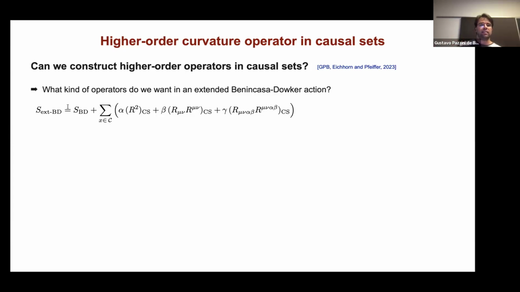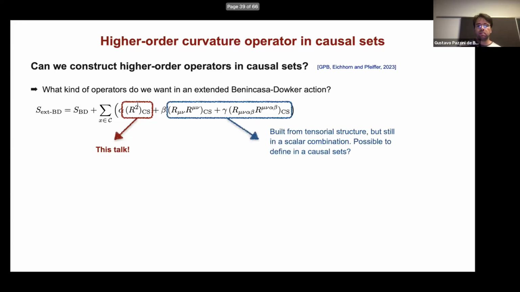The extended Benincasa-Dowker action, let me call it this way, from this FRG motivation should include at least curvature square operators. In this talk, I will focus on the R square, just the scalar curvature square.